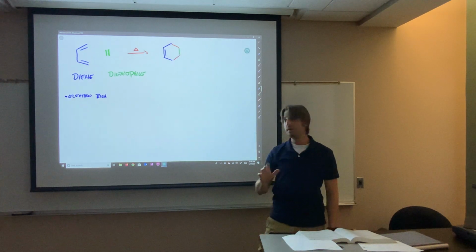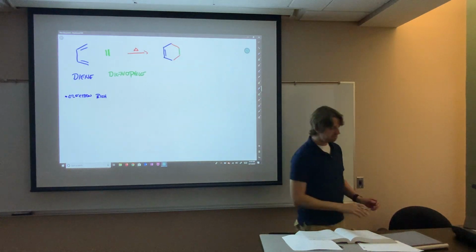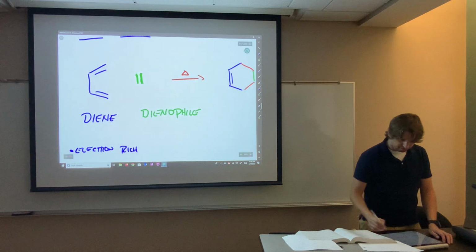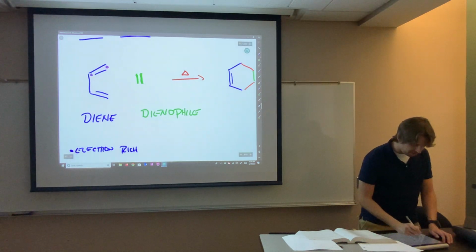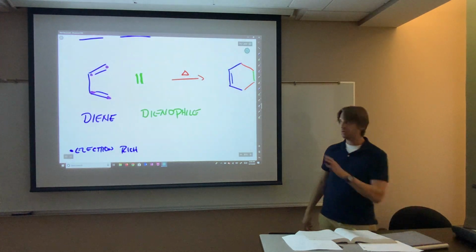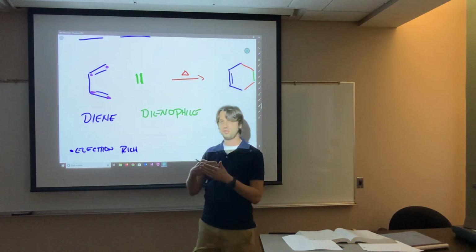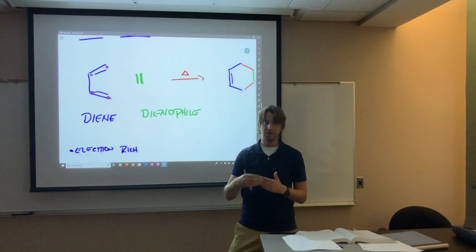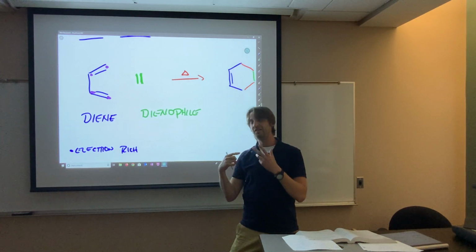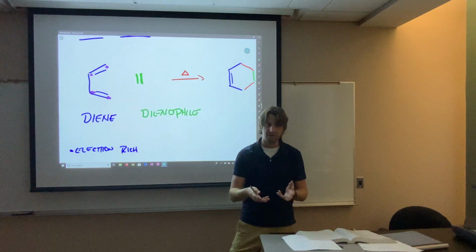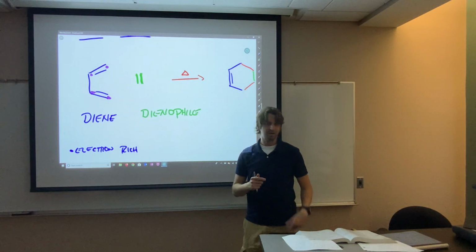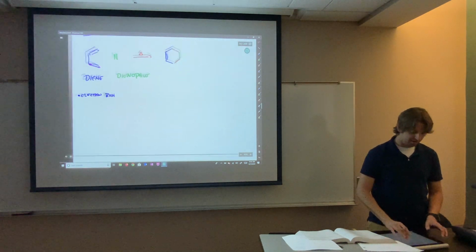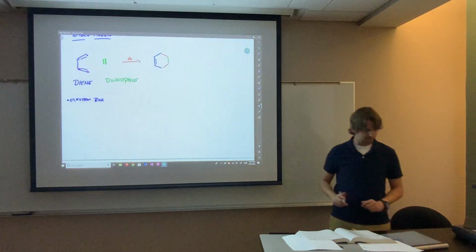If I put certain groups on any of the 4 carbons in my diene, it will change the energetics of that conjugated system so we could consider it electron rich. It would have more electrons floating in the soup, so to speak. So how do I make something electron rich? Sorry, I don't know why that didn't zoom quite properly there.